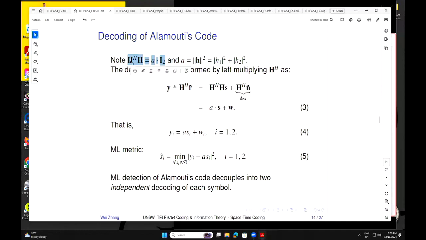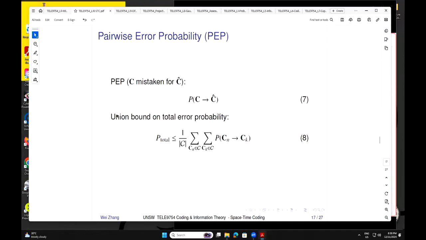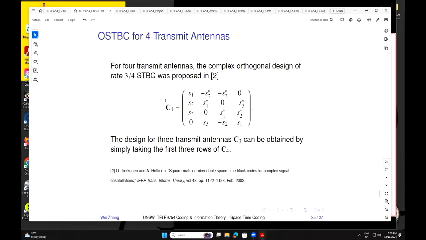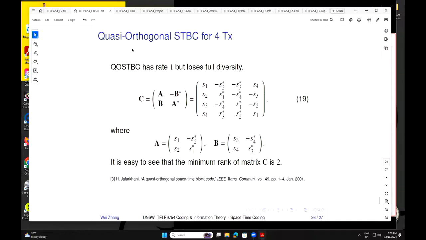So this one is called orthogonal. That's why, for the other code, it is called orthogonal because C4 Hermitian times C4 is diagonal. But for this one, it's not orthogonal. It's called quasi. Quasi means not real, right? It's close, but it's not. Why? Because C Hermitian times C is not diagonal. You can try. You can write it out.